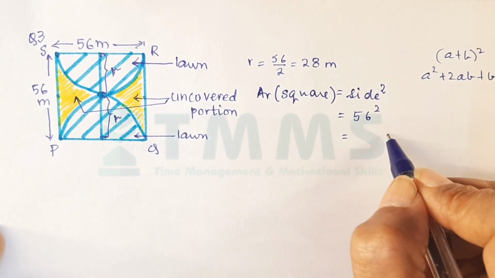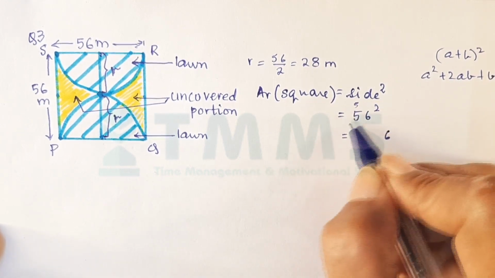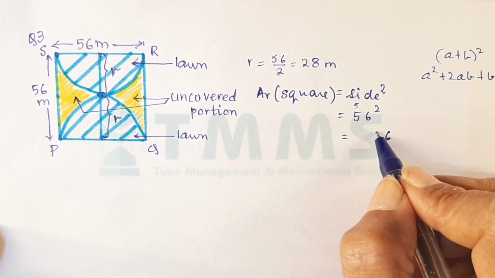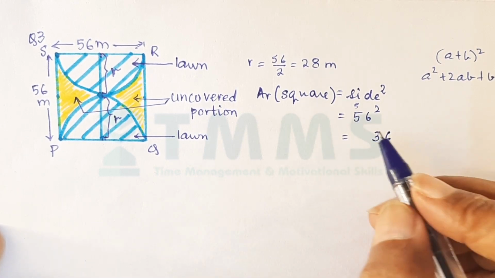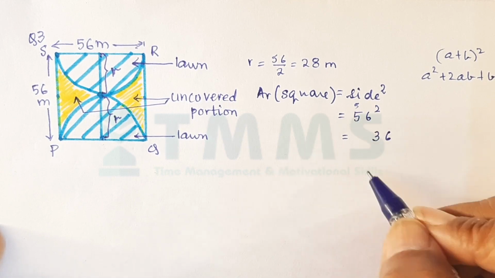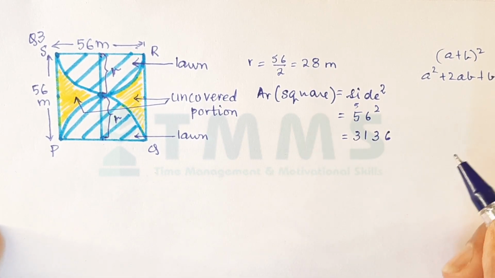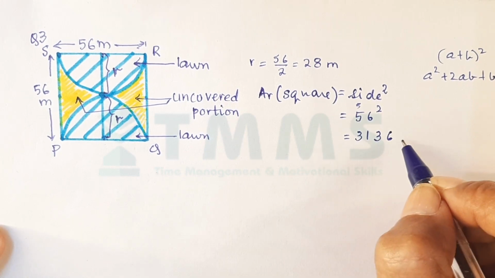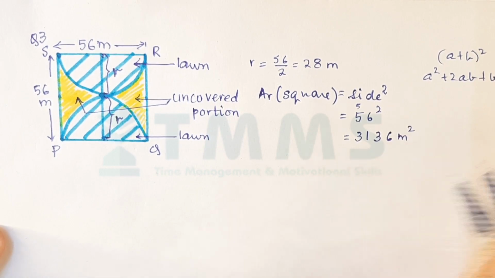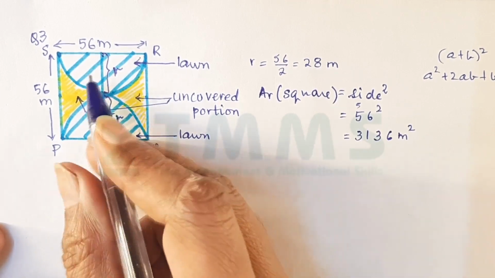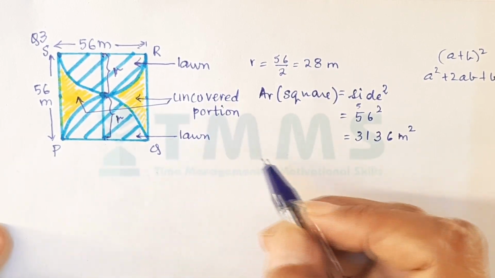So we have 6 6 36, carry 3, 6 5 30, and 3 is 63, and then we have 5 5 is 25, and we have carried over 6, that is 3136 meters square. Now we have to find the blue area, that is area of the semicircles.